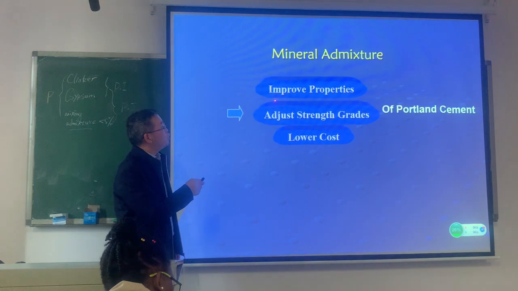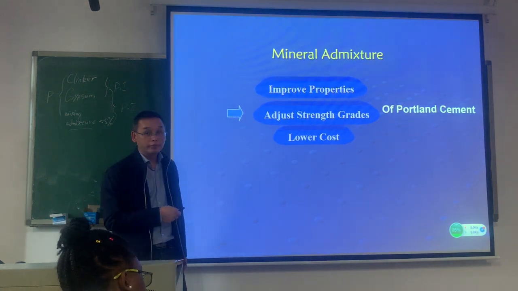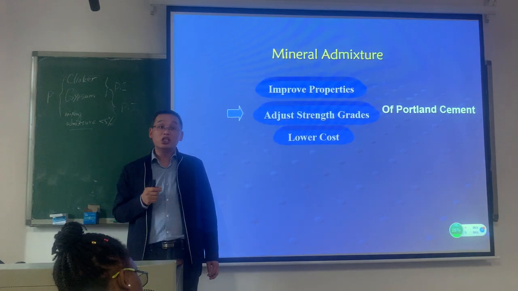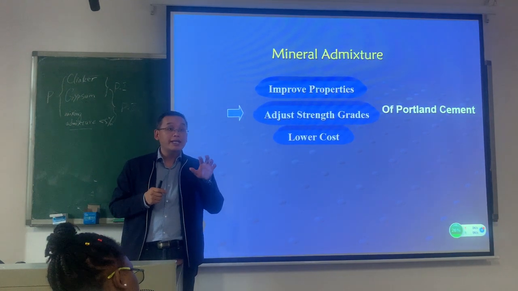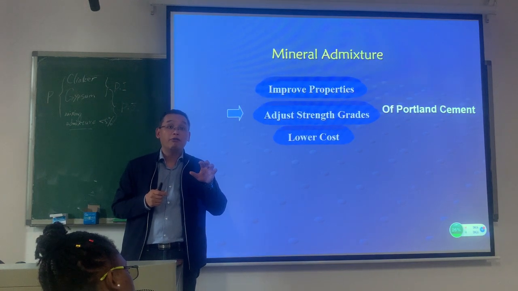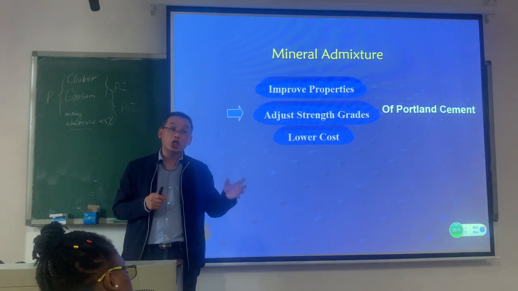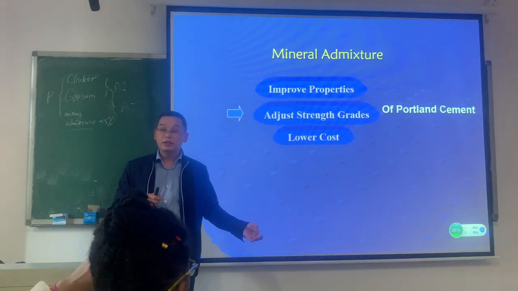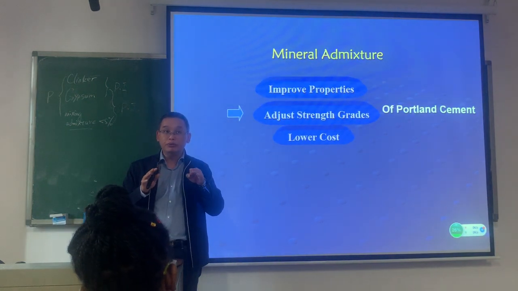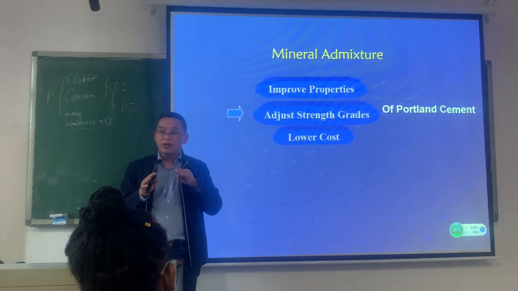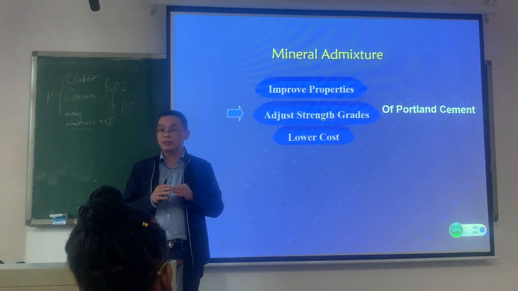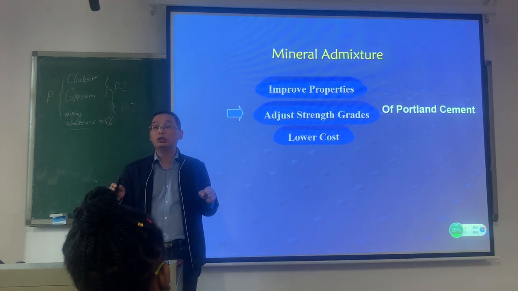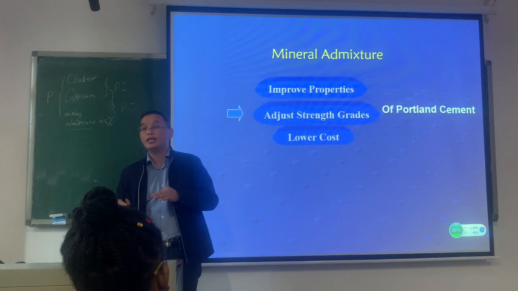The first is to improve the properties of Portland cement, because we have just learned there are some disadvantages for Portland cement, such as corrosion and high heat. So if we want to improve the properties, we can add some mineral admixture into the Portland cement to get different kinds of cement.